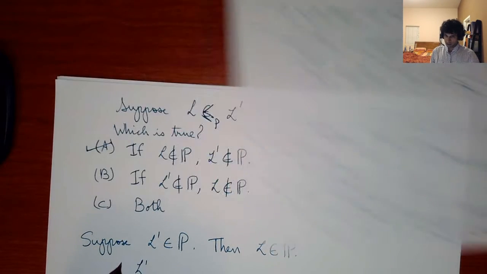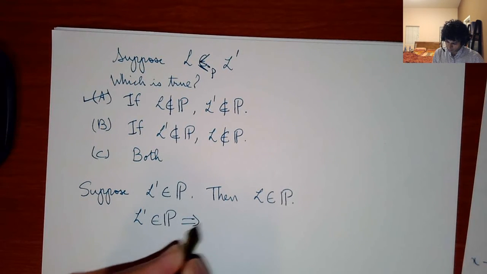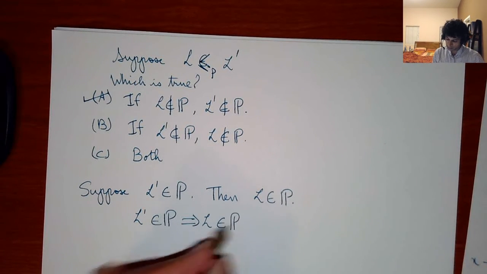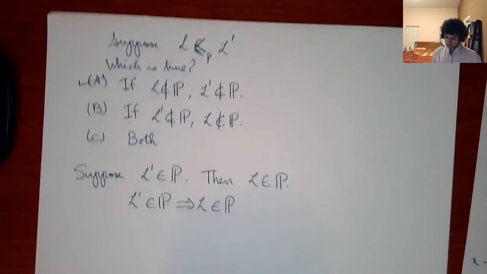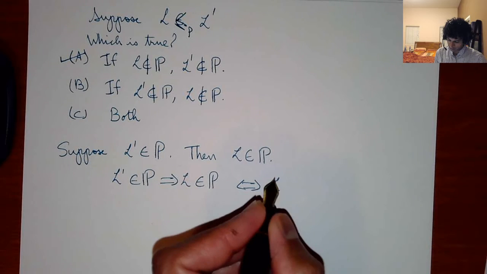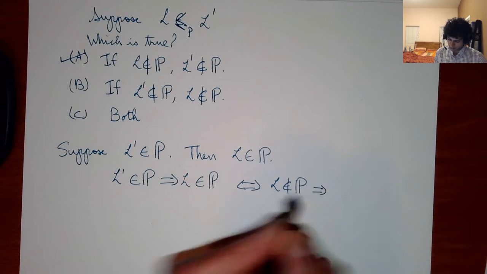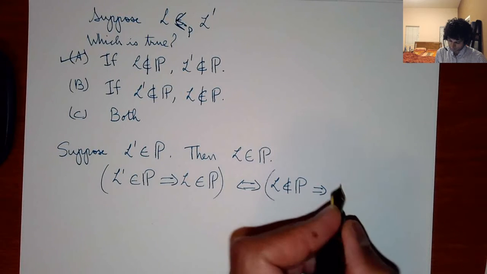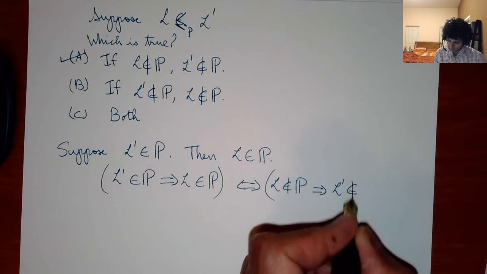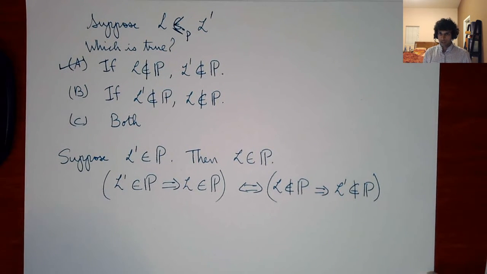So basically, we're saying if L prime is in P, that implies L is in P. But by taking the contrapositive, what we get is that if L is not in P, that implies L prime is not in P. Okay, so we get the first.